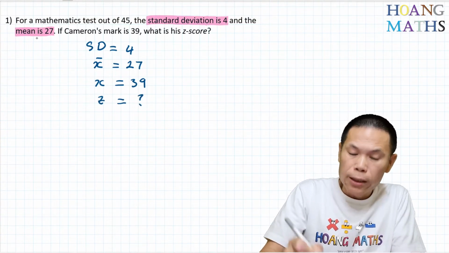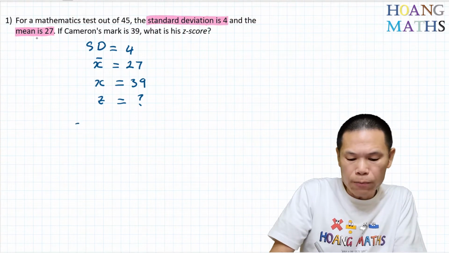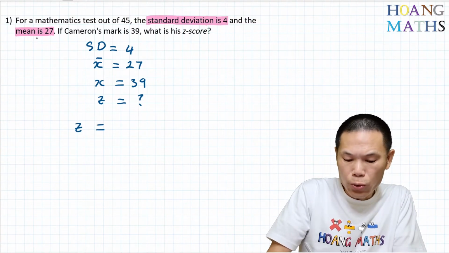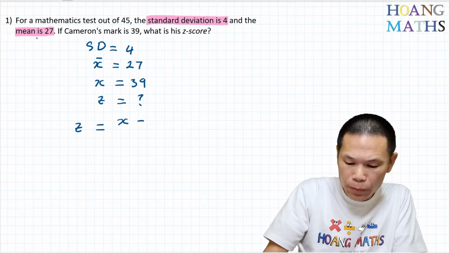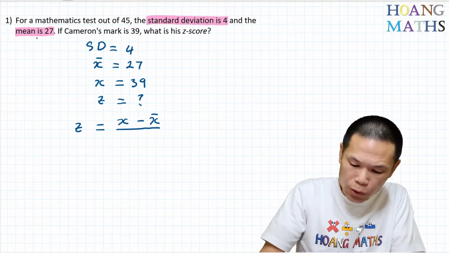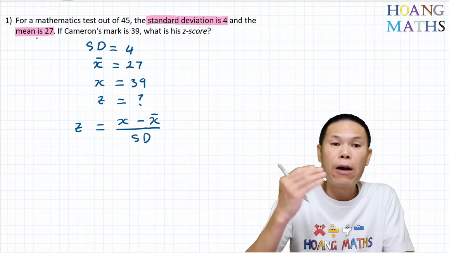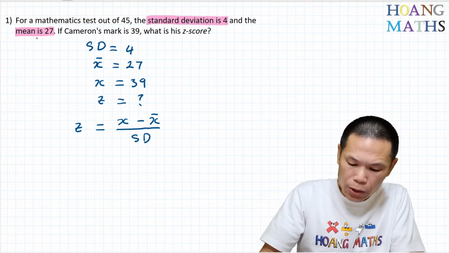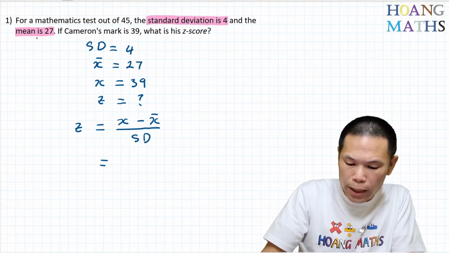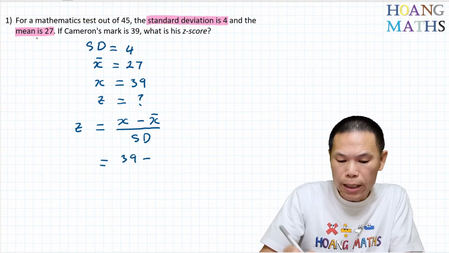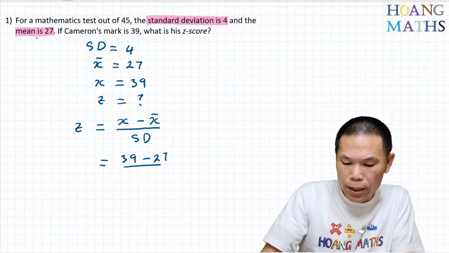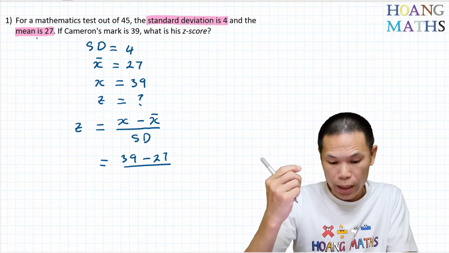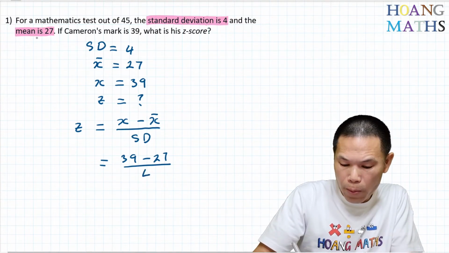And we know that the Z-score is equal to the raw score, or actual score, minus the mean, which is X bar, over the standard deviation, SD. So now I just substitute the values in. X is the raw score, so that is 39, minus the average, which is 27, over the standard deviation, which is 4.